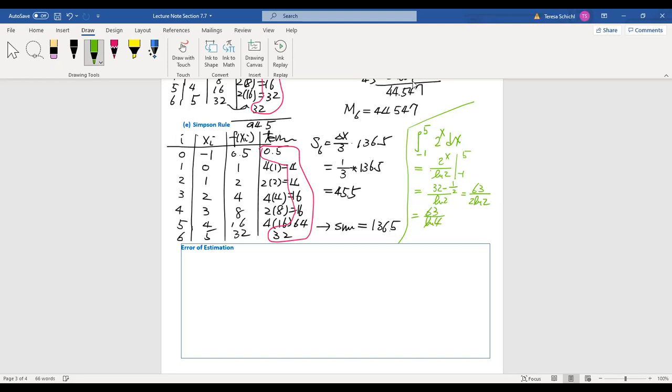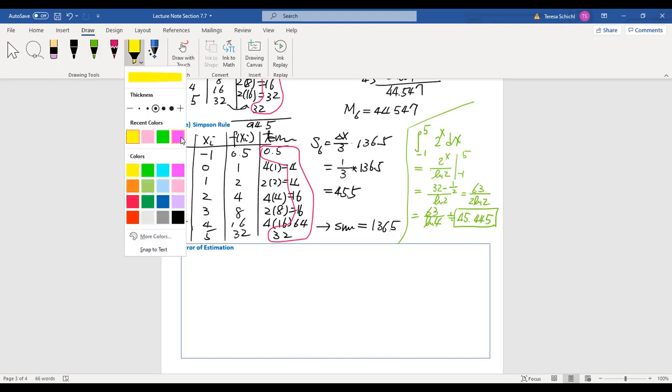So if you plug the number into the calculator, it will be 45.445. That's the true integration value. As you can see, the Simpson's really works out pretty good, right?